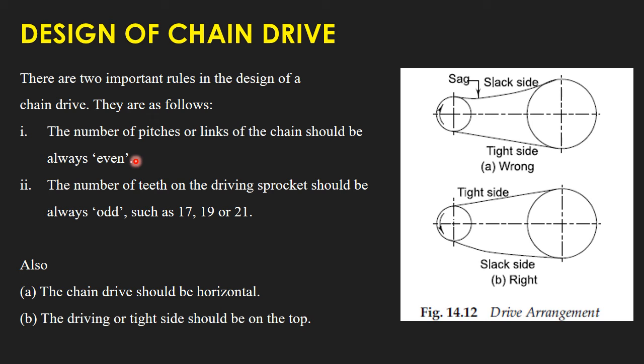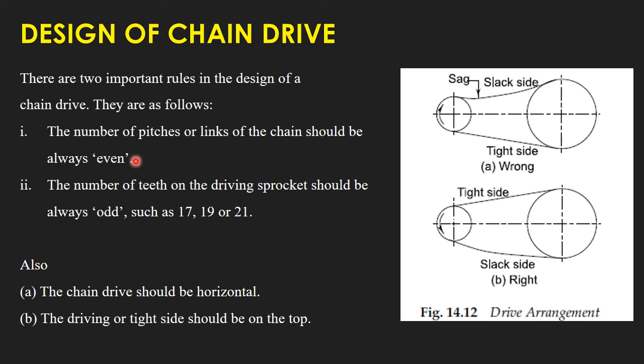Definitely, if there is less lubrication, then wear will take place. So it is better that the wear takes place at each and every juncture than at a specific point. If on one tooth the wear is more, then it may result in failure, even though all the chain links are proper, or all the remaining teeth are proper.